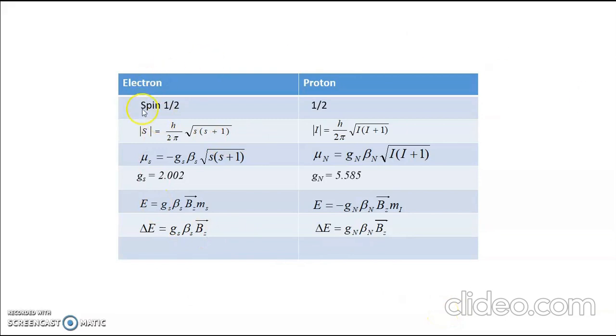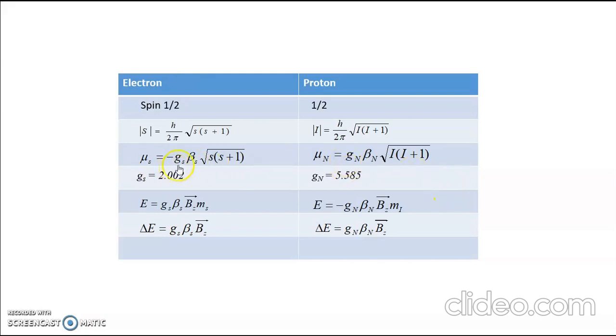For electron and proton, the spin is half, and the spin angular momentum is modulus of S for the electron and I for the nuclear proton. Next, the magnetic moment associated with the spin, as you have already seen, is mu s equal to minus Gs beta s root of s into s plus 1.